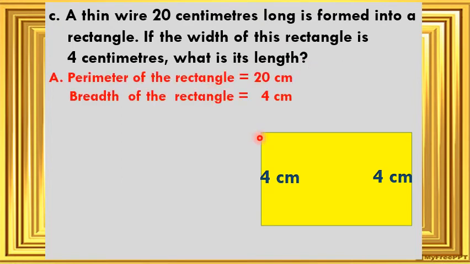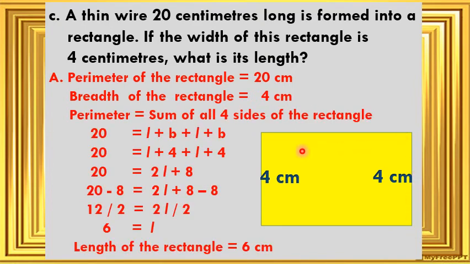Children, a thin wire of 20 centimeters makes a rectangle. So here the perimeter of the rectangle is given as 20 centimeters and width, that is breadth of the rectangle, is given as 4 centimeters. Perimeter means sum of all four sides of the rectangle.